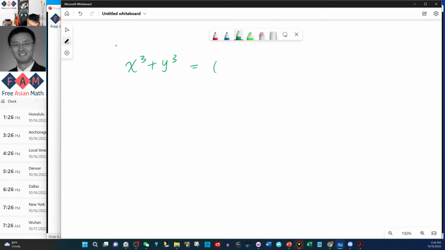This is x plus y times x squared minus xy plus y squared. So now, with the understanding of the trick in the previous problem, we already know this, but we don't know this yet, right? How can we solve this problem?